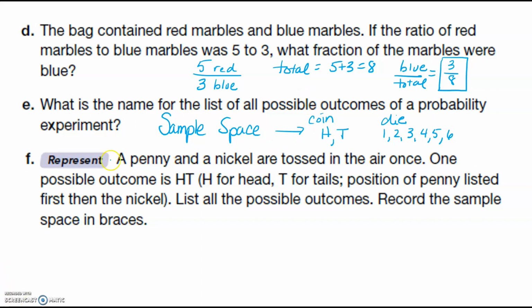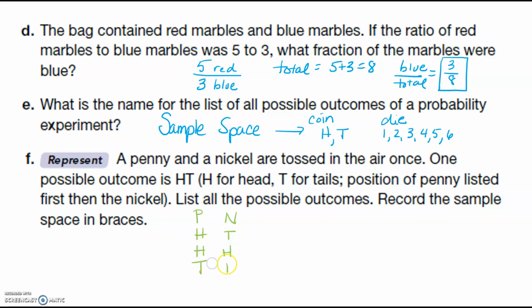Okay. I've lost my mouse. There we go. A penny and a nickel are tossed in the air once. One possible outcome is H, T, H for heads, T for tails. Position of the penny listed first and then nickel. List all the possible outcomes, record the sample space in braces. So if I have a penny and a nickel, I could have heads and tails. I could have heads and heads.